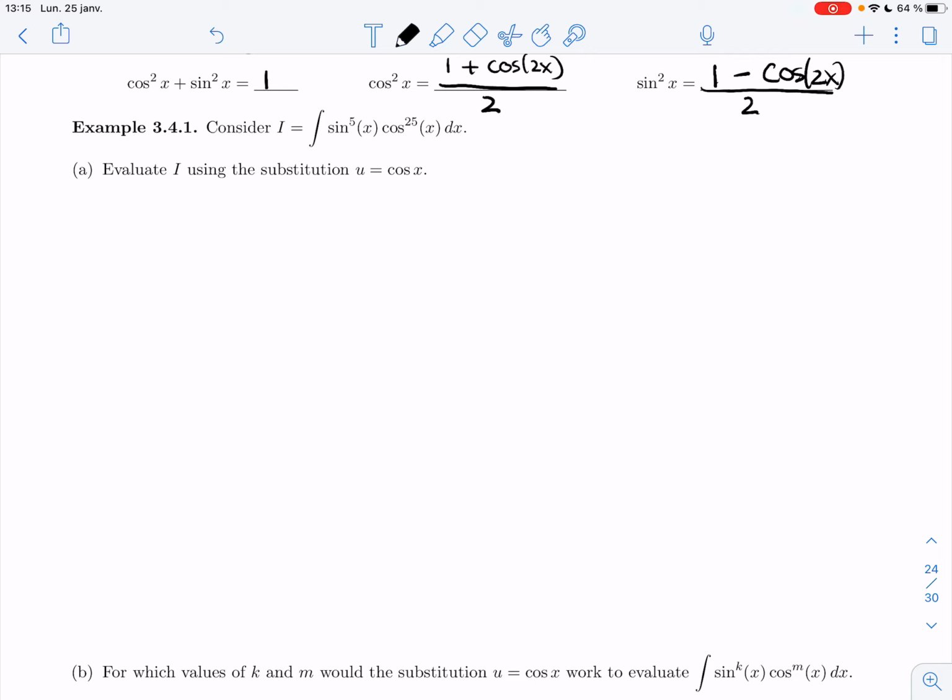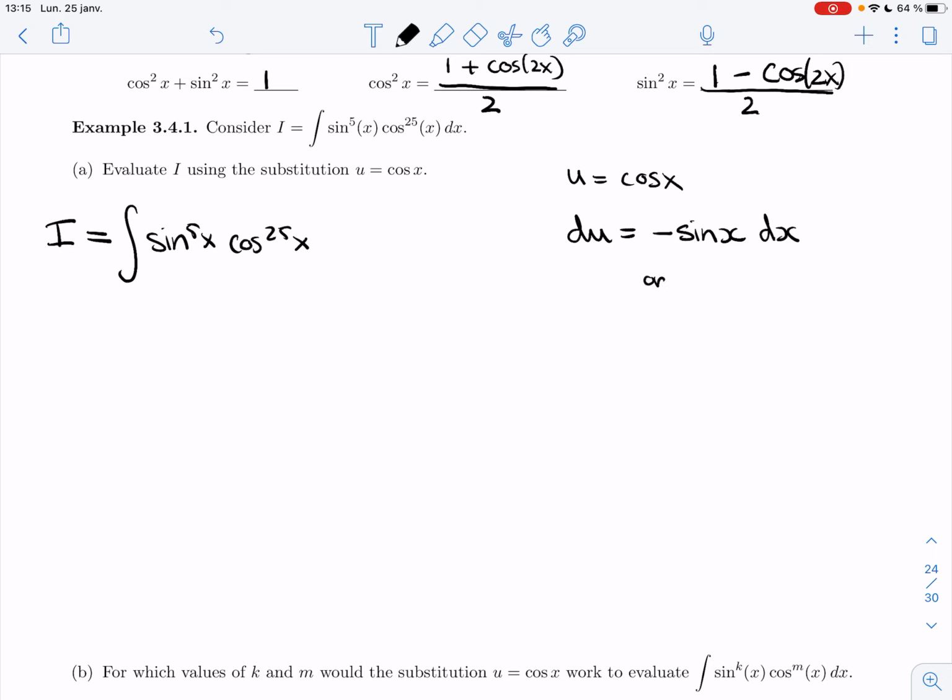I have u equals cos of x. The derivative of cosine is minus sine of x, so du equals minus sine of x dx. And so I'm going to replace dx by minus 1 over sine of x du.